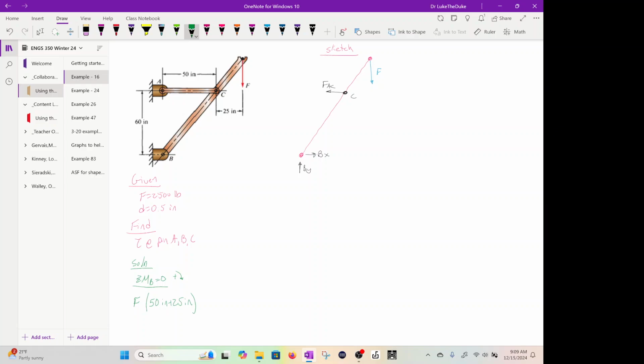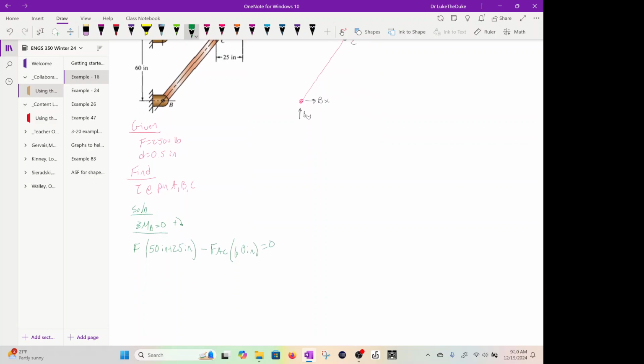The horizontal distance, minus FAC times 60 inches. Set that to 0. So this is 2,500 pounds times 75 inches. That'll equal FAC times 60 inches. So FAC becomes 3,125 pounds.